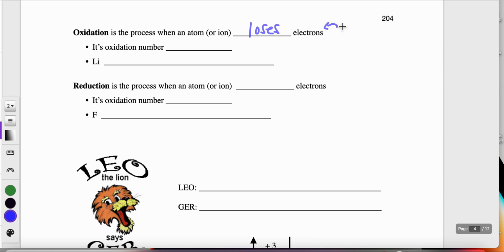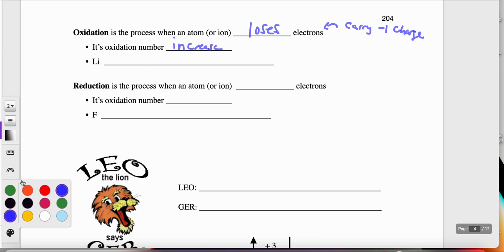Electrons, remember, carry a negative charge. So if your structure loses electrons, it's losing negative charge, and as a result, its oxidation number will increase, or it will be more positive than where it started.